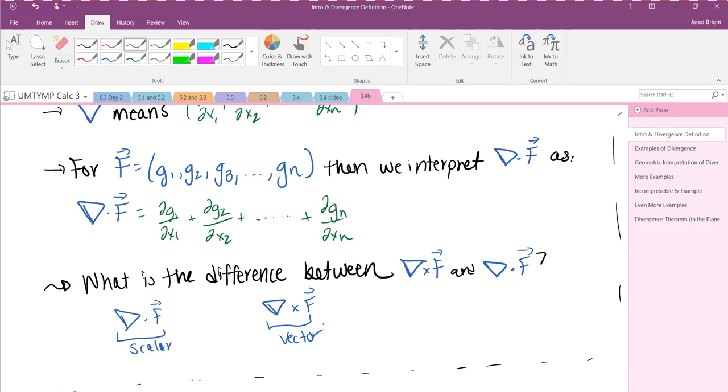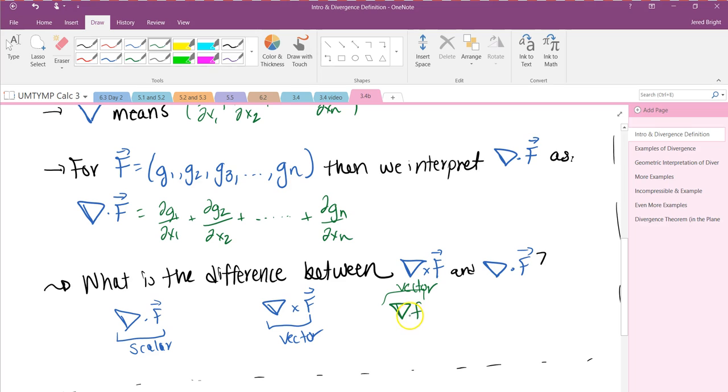The other thing is that when we've seen something like gradient of f, when we're doing this, this is still going to be a vector. The whole thing's going to be a vector.